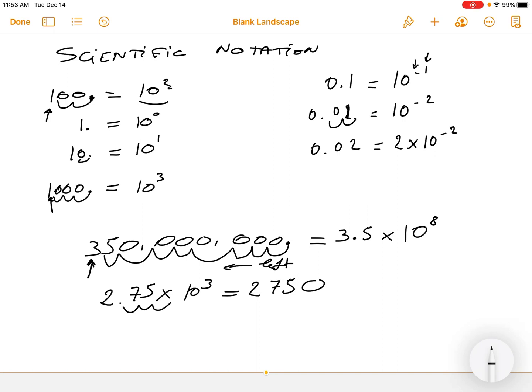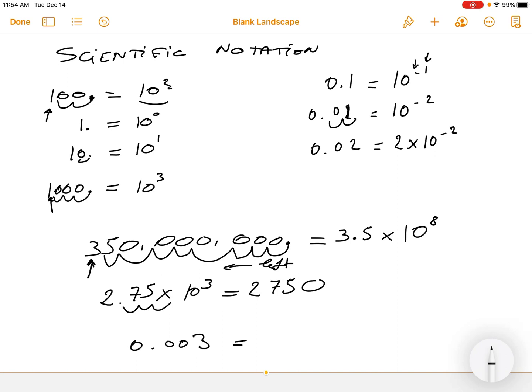So you will have a few of those examples in the lab as well. For example, if we take 0.03, to write in scientific notation, you always need to have 1 digit before your exponent.